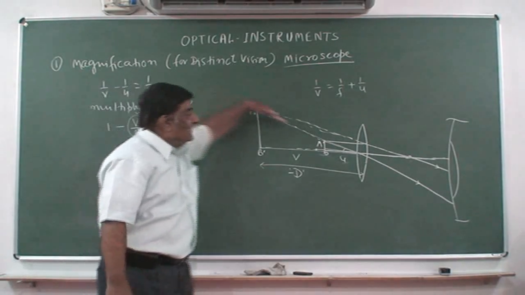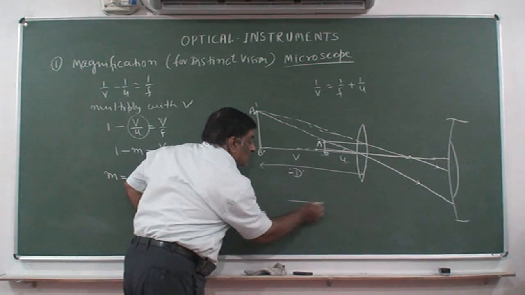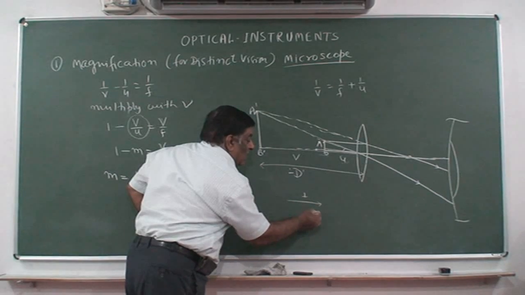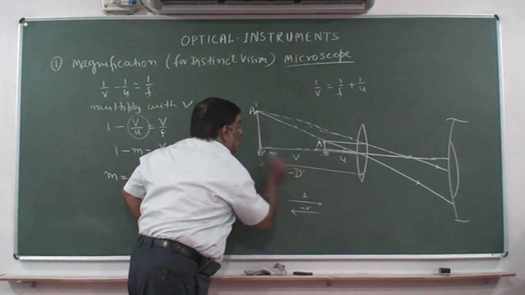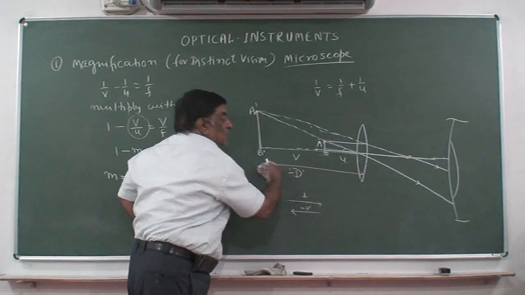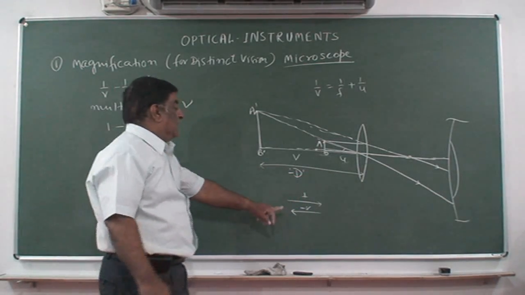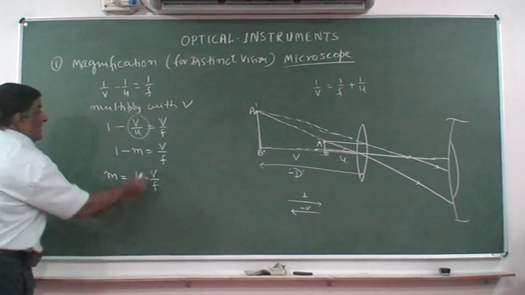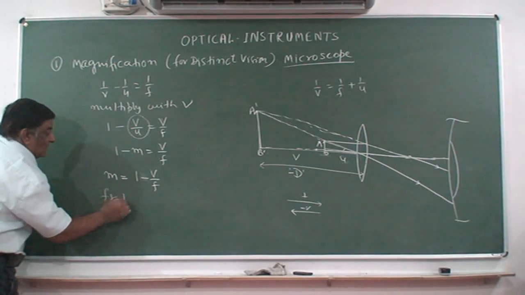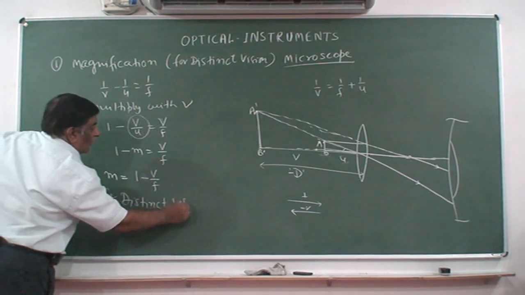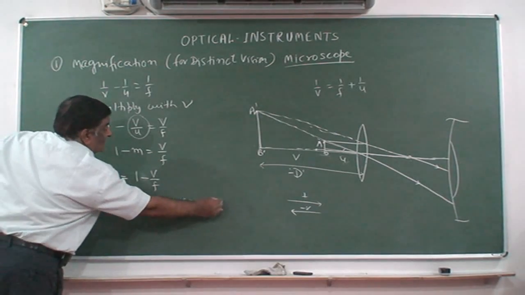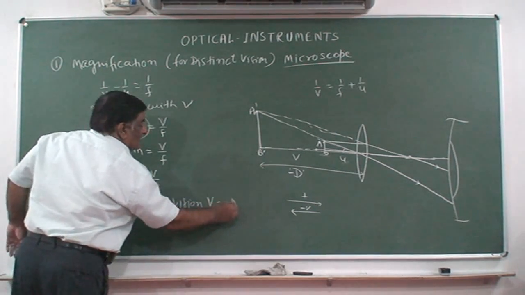So you understand, the rays are coming from this side. So this direction is positive and this direction is negative. And from the optical center, this D is on this side. So therefore it is minus D. In place of V for distinct vision, V is equal to minus D.